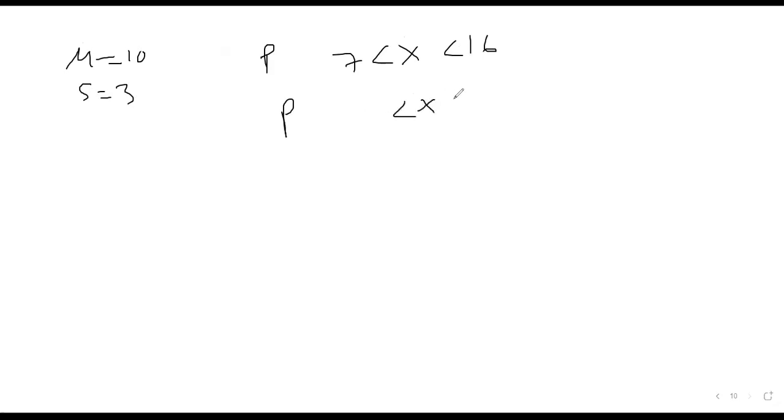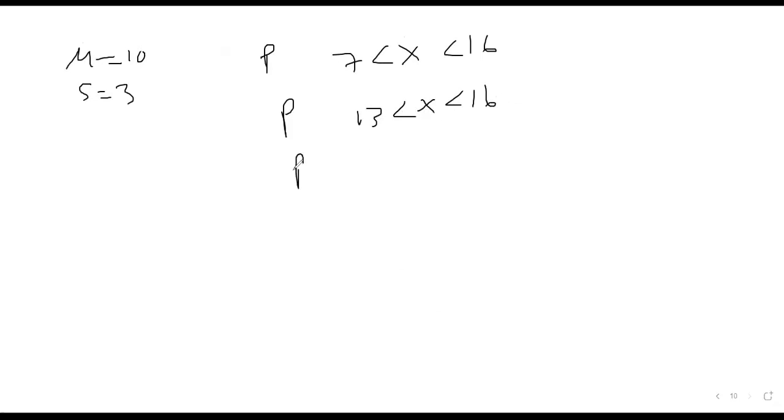So in the case where we have probability, the mean is 10, the standard deviation is 3. And they ask us to find the probability between 7 and 16. The probability between 13 and 16.